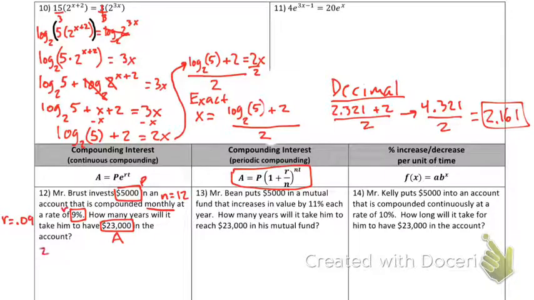So 23,000 is equal to 5,000 times 1 plus my R value, 0.09 in decimal form, and then my N value is 12.